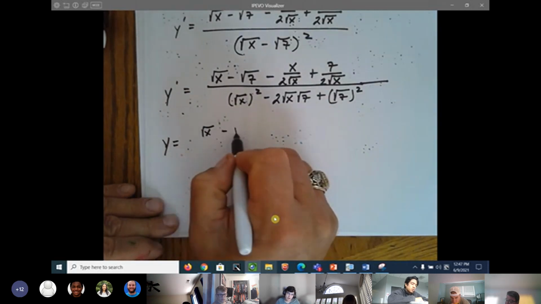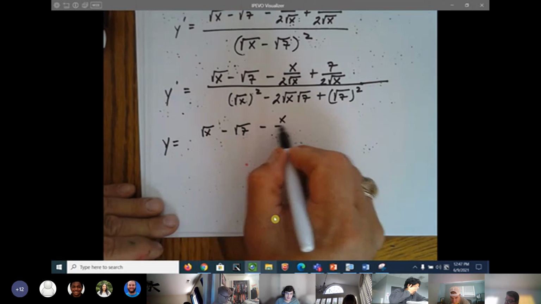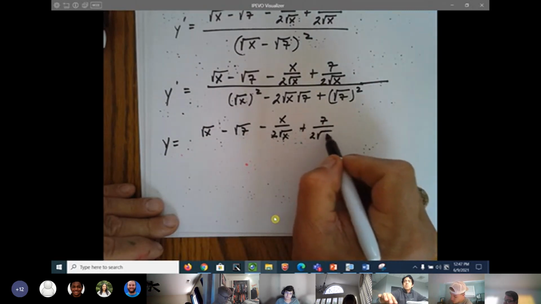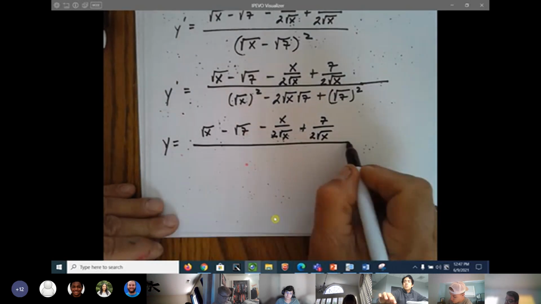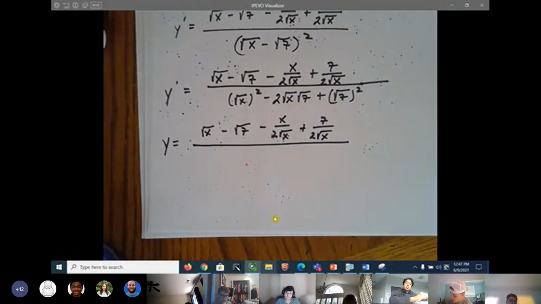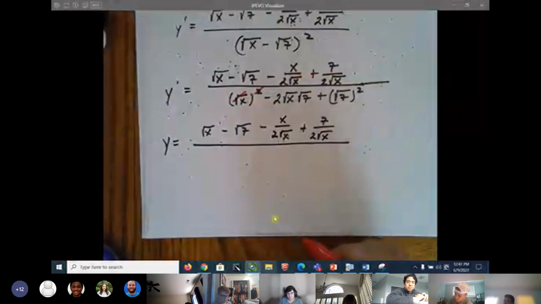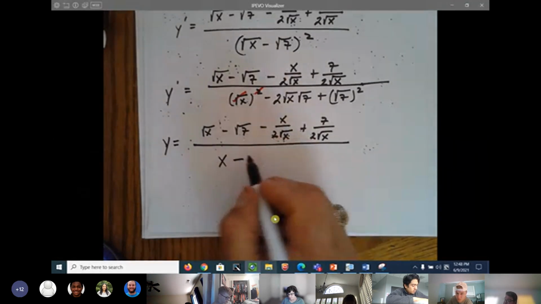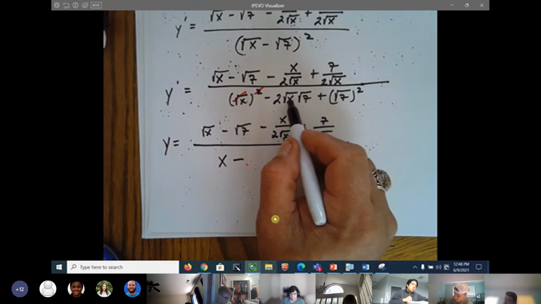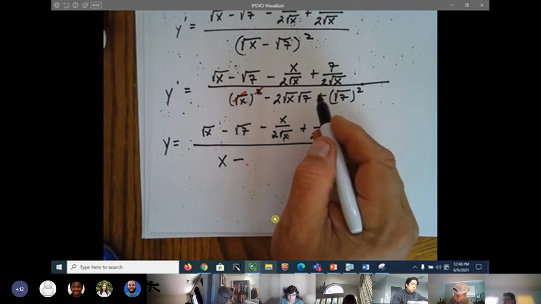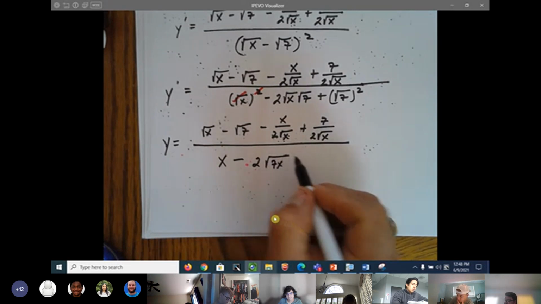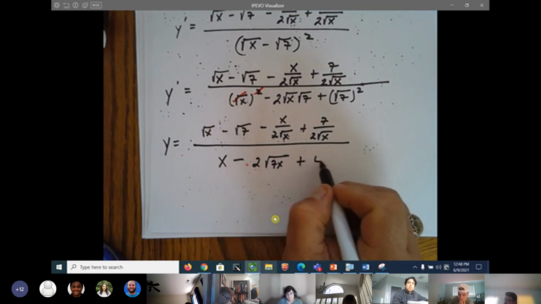Square root of x minus square root of 7 minus x over 2 square root of x plus 7 over 2 square root of x over, this goes out, that square root takes out that square right here, and that's going to be x minus 2, square root of 7 times square root of x is square root of 7x, so that's going to be 2 square root of 7x plus 49.